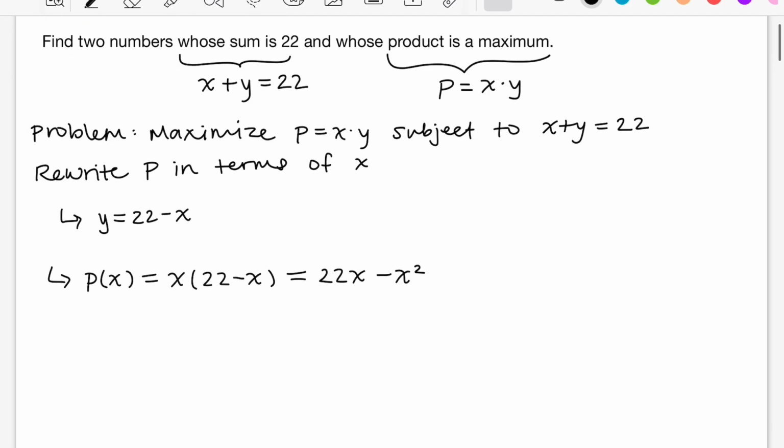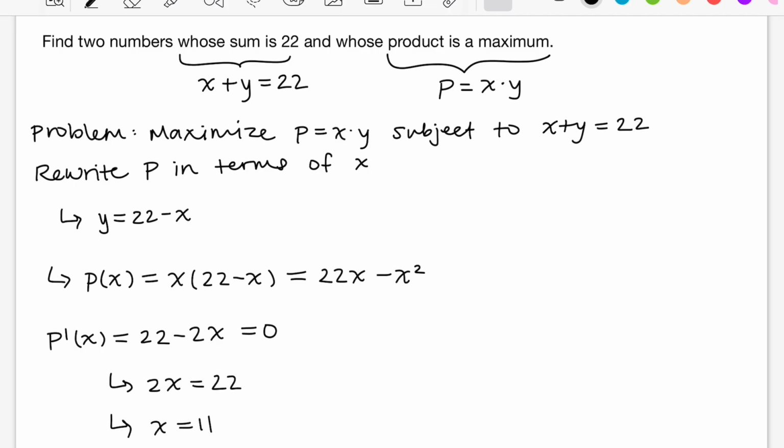The first thing we'll do is take the derivative of our function. This is going to be 22 minus 2x. Then we want to find when this is equal to 0. We're looking for the critical number. Solving for x, we see that the critical number is x equal to 11.